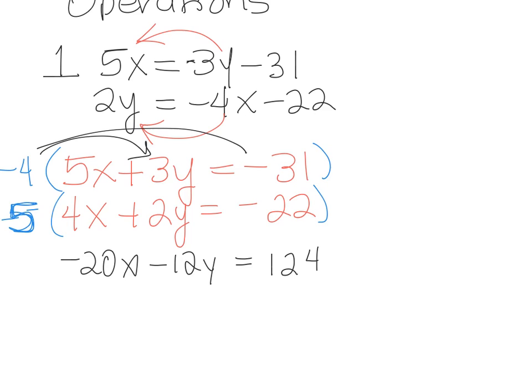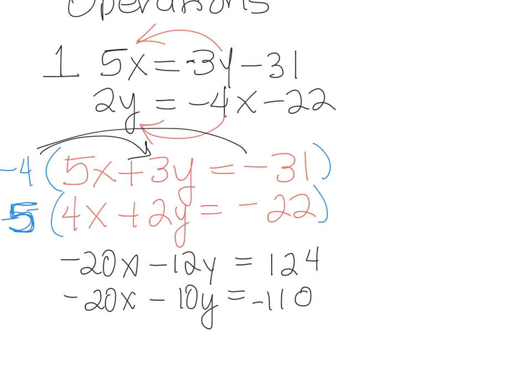And then 5 times the second equation would be 20x, 5 times 2y, 10y. 5 times negative 22 is 110. And that would be negative, because it's positive 5 times negative 22, that becomes negative.